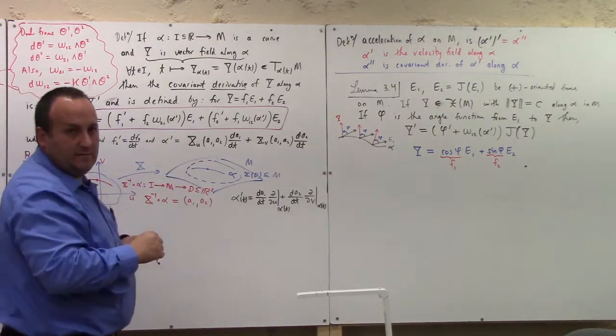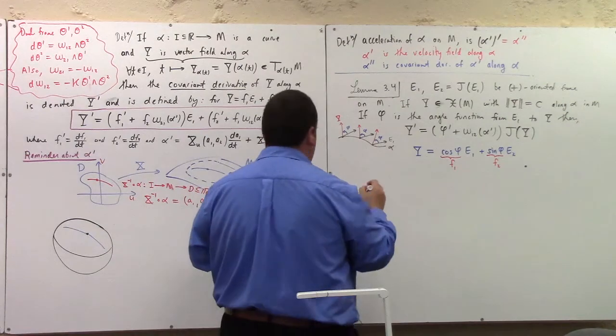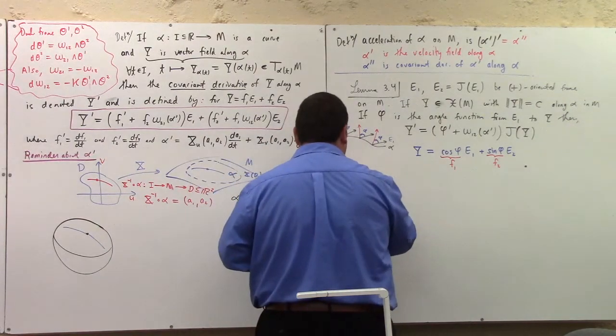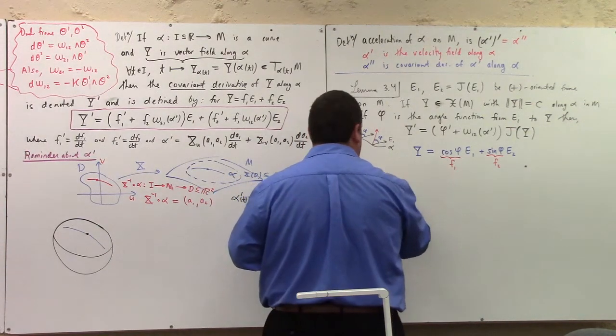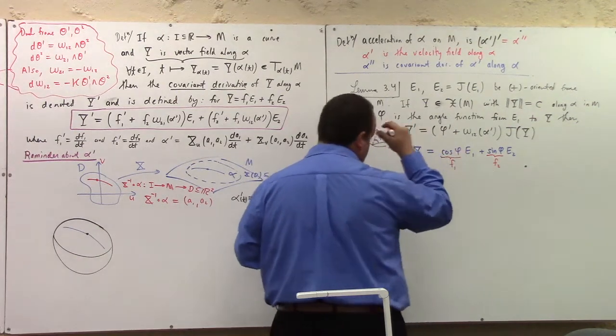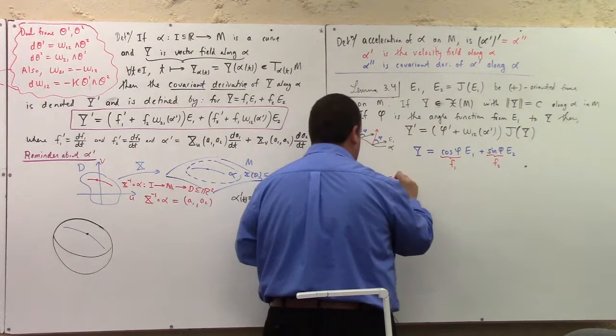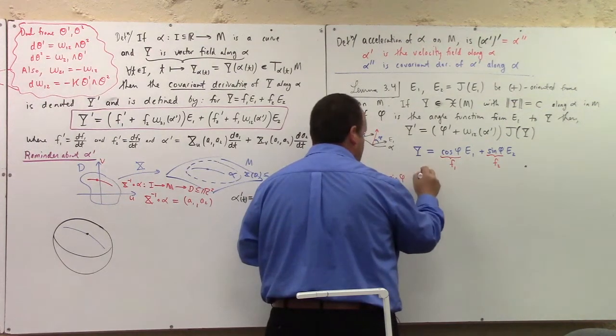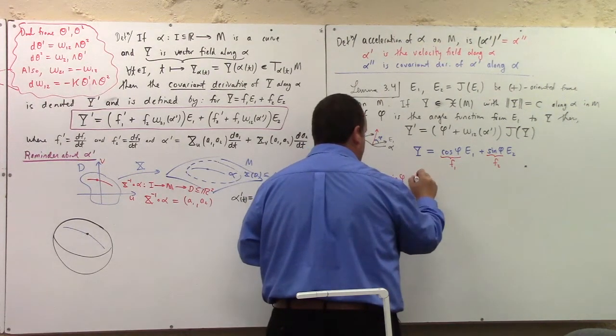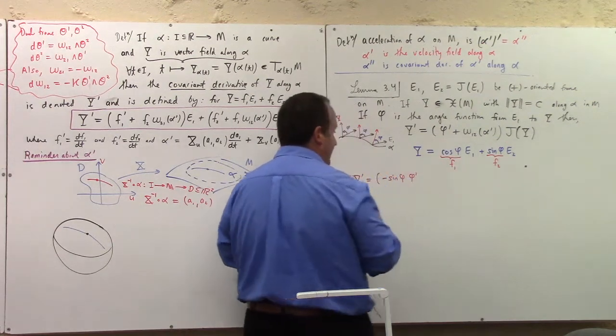So we go through it. What's F1 prime? Well, it's minus sine phi phi prime.